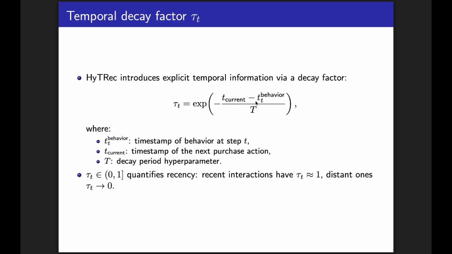Instead, the closer these events are, meaning the next purchase action and the behavior at time step T, the closer tau is to 1.